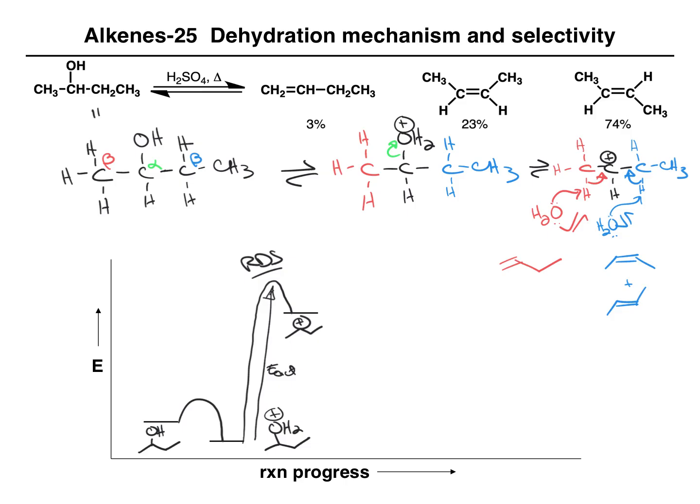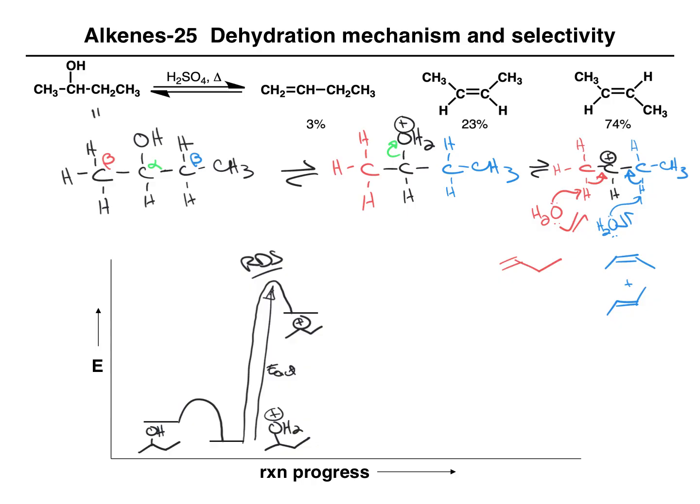So the high energy intermediate and the high energy transition state leading to that intermediate is common for all three products. So the difference comes in after this rate determining step.